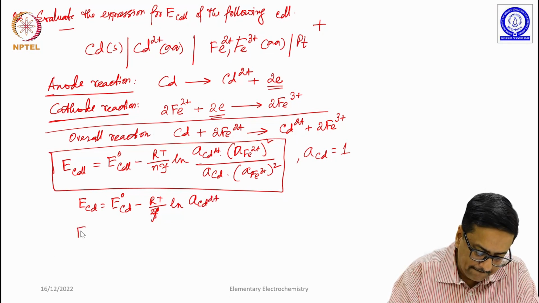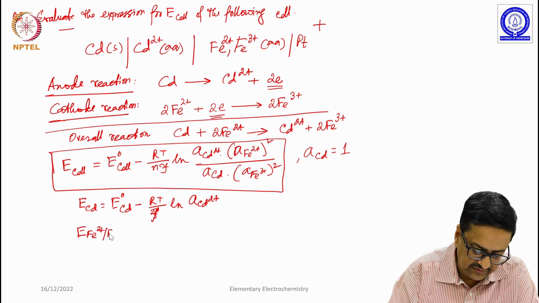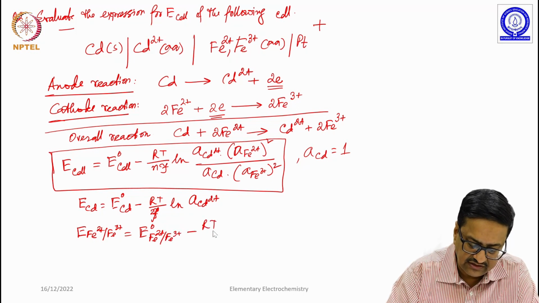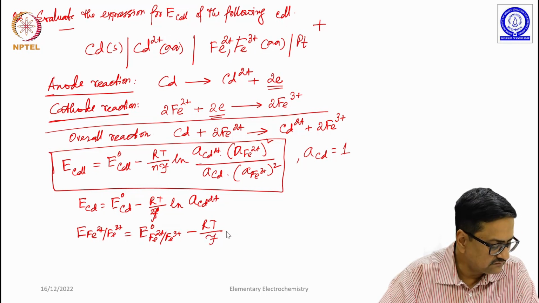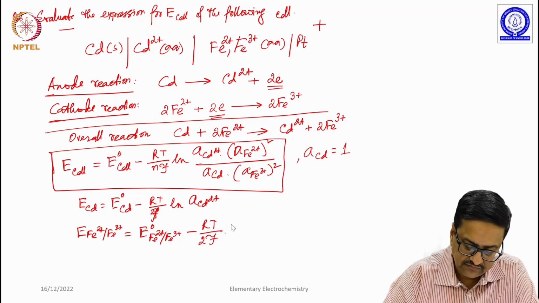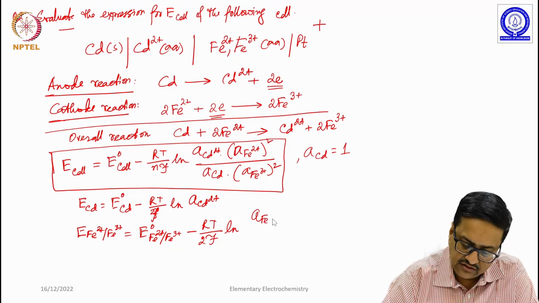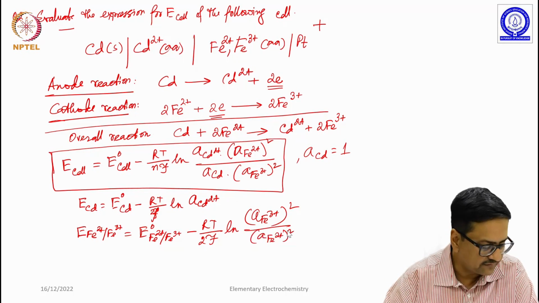Similarly, for Fe2 plus, Fe3 plus, one can write E0 Fe2 plus Fe3 plus minus RT by 2F ln of the activity of Fe2 plus squared divided by the activity of Fe3 plus squared.